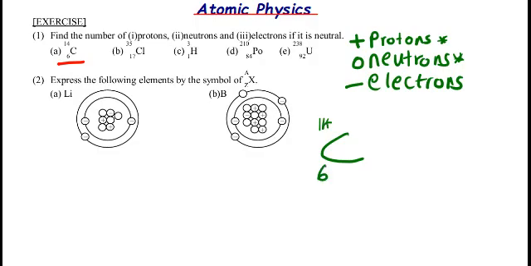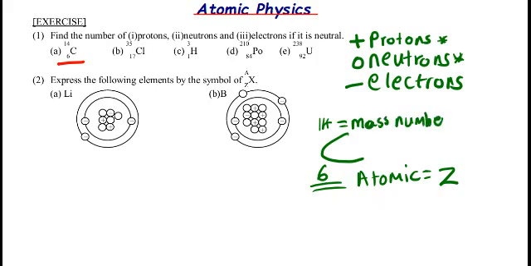The number which is down here is the one which we call the atomic number, and it is represented by Z. And the one which we have there on top is called the nucleon number or the mass number. It is the nucleon number or the mass number, and it is represented by A, like that.